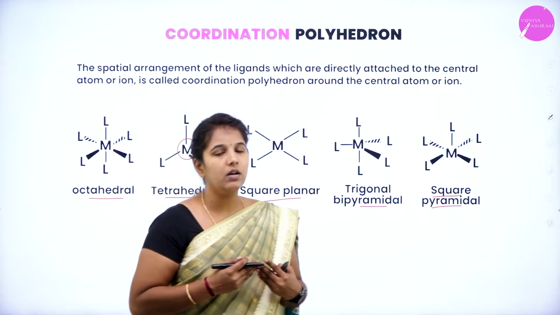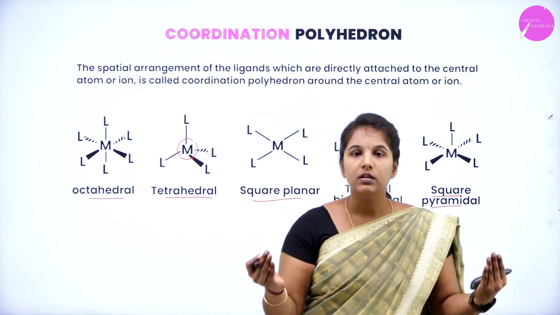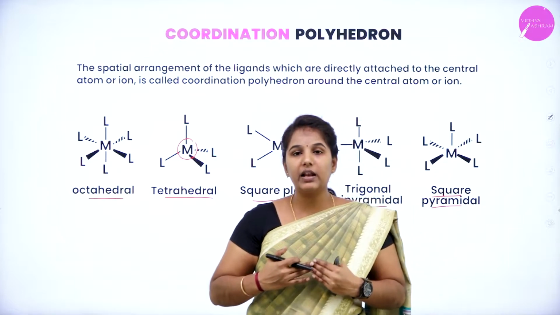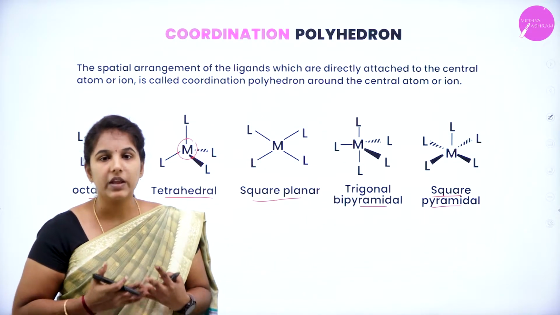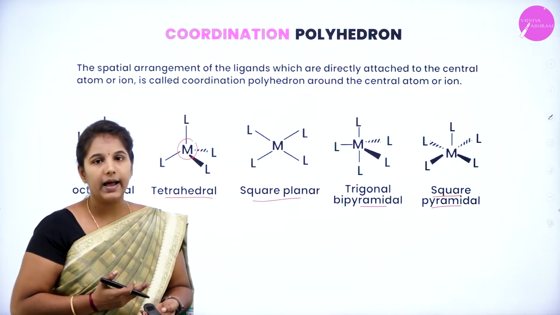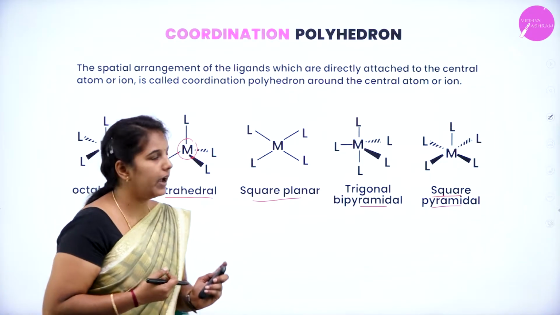This is how, based upon the number of ligating atoms forming a coordination compound with the central metal atom, we can arrange the spatial structure in space, which is said to be the coordination polyhedron. So, I hope you all understood the coordination polyhedron.